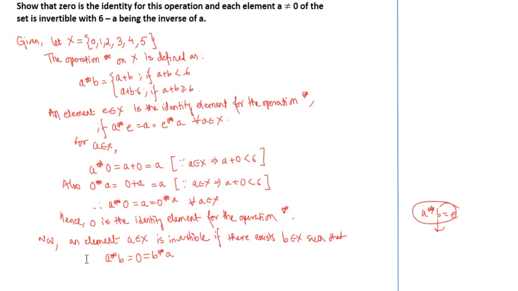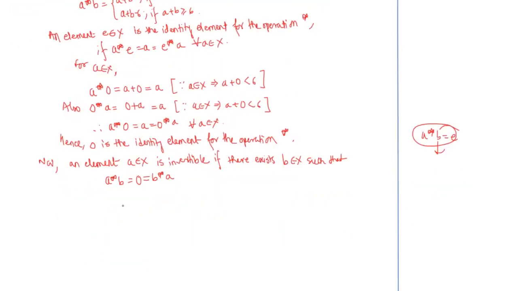So we can imply that a plus b is equal to 0 is equal to b plus a.